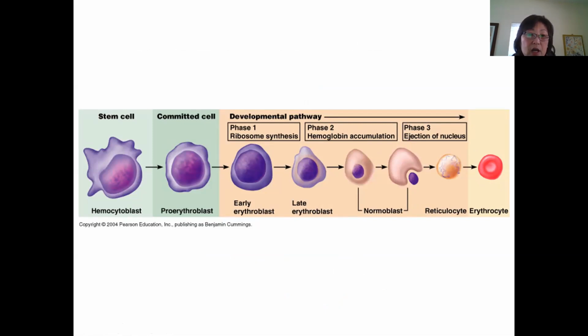Because it doesn't have a nucleus, there's no point for cell division, right? There's no genetic information anymore. So the RBC will have a lifespan of about 120 days and then just lyse, and some stuff will be reused and others will be eliminated.